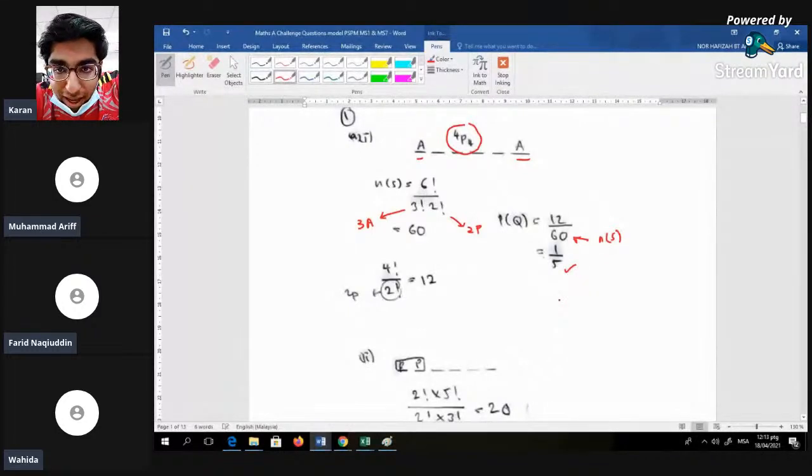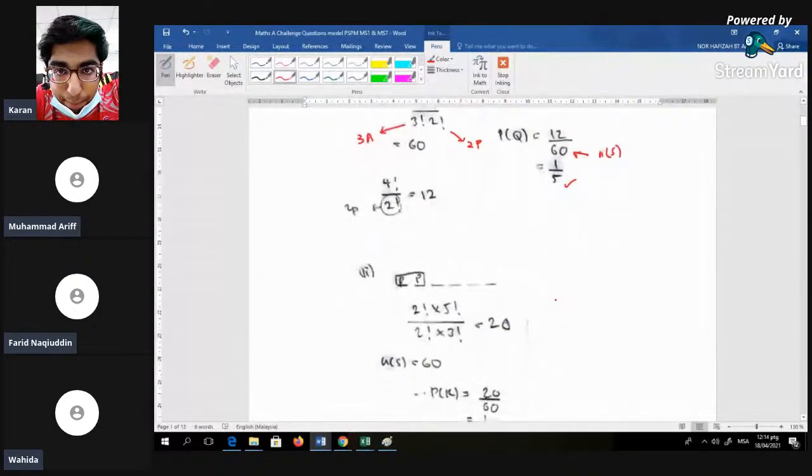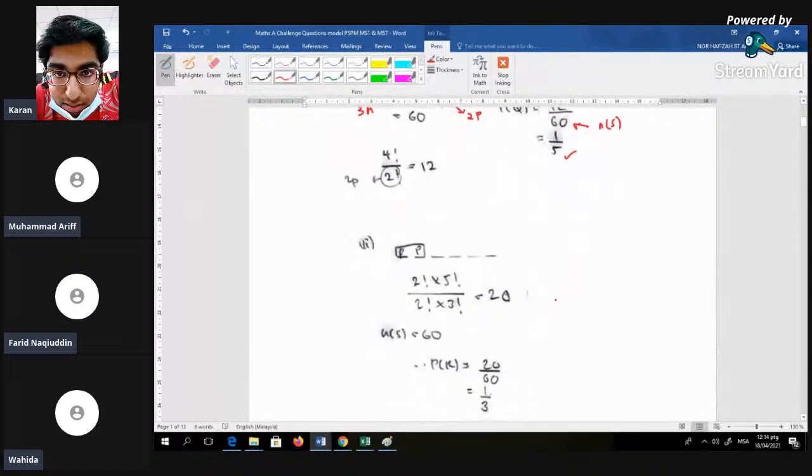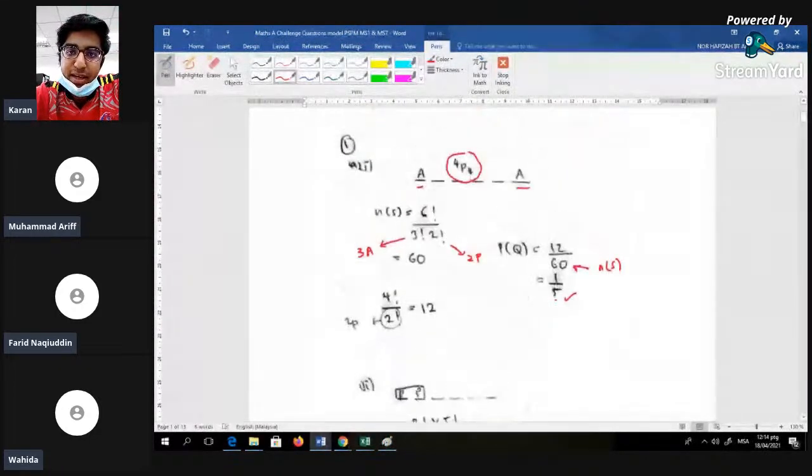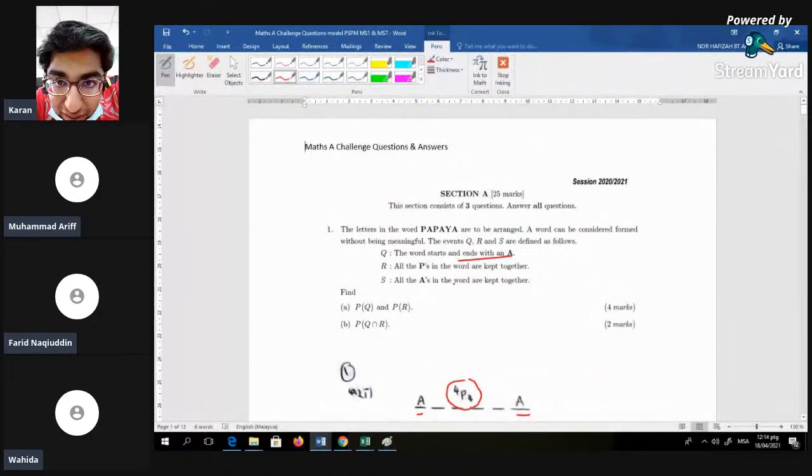Okay. And now to the next part, which is the probability of R. So now the probability of R is, if you go back to the question again, you'll notice it's how many possible events of having all P's in the word kept together.